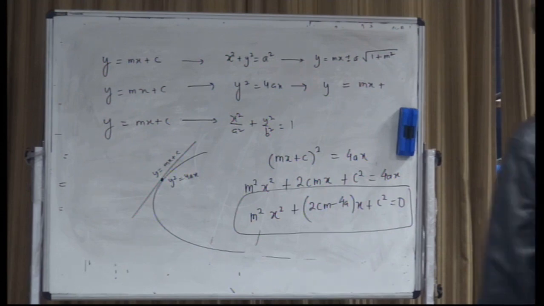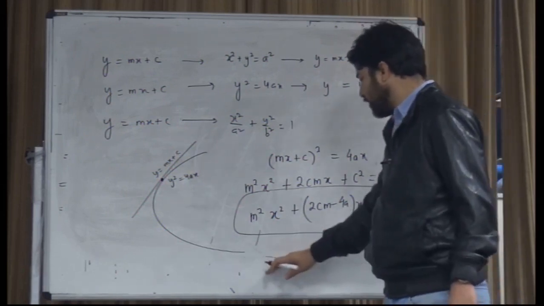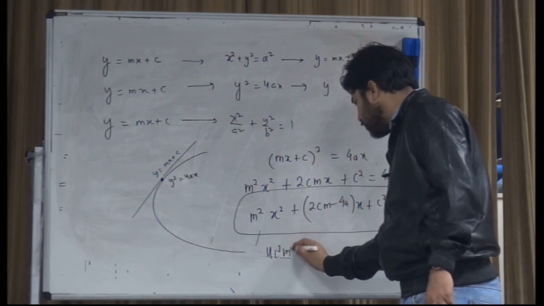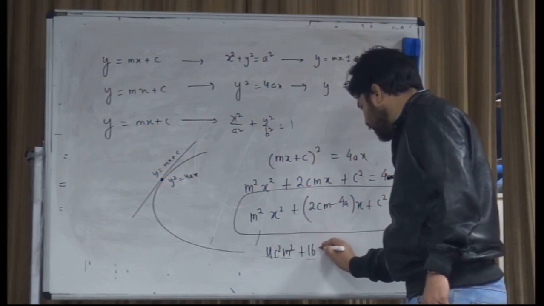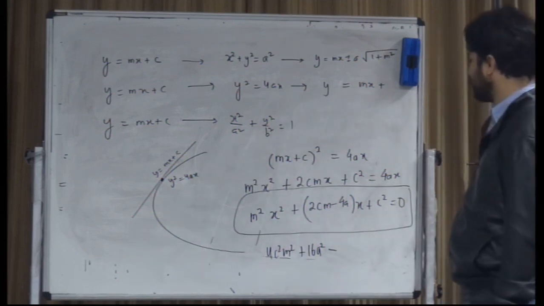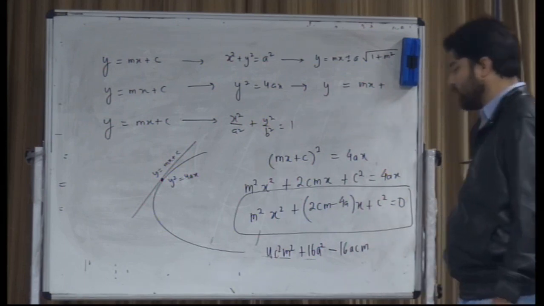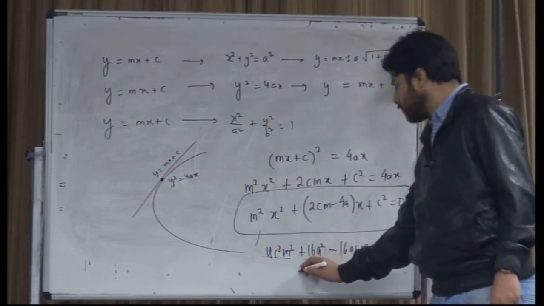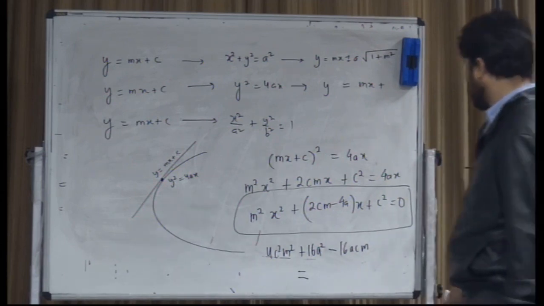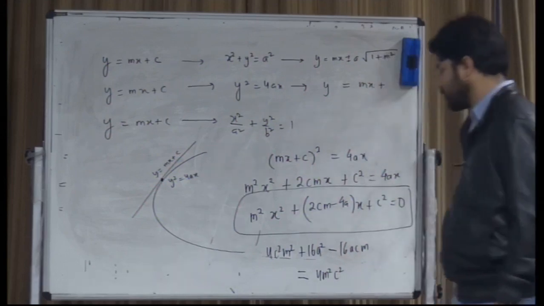So what should be the discriminant? b square should be equal to 4ac. 2cm minus 4a का whole square, that is 4c square m square plus 16 a square minus 16 acm, should be equal to 4 m square c square.